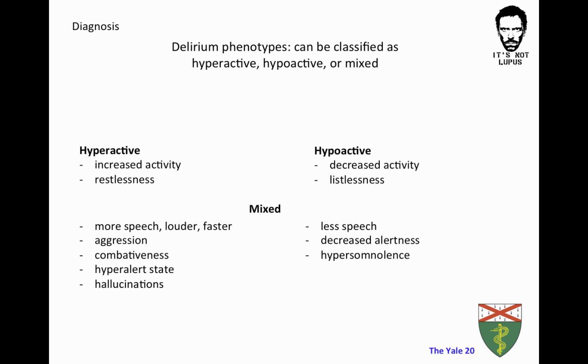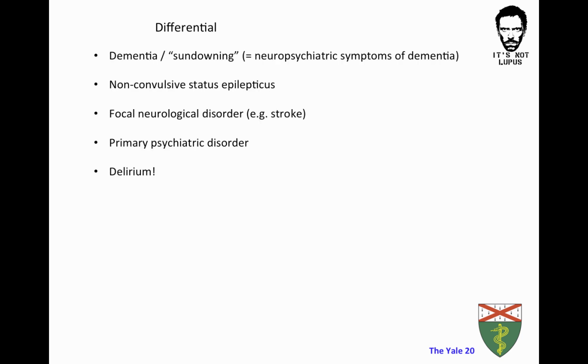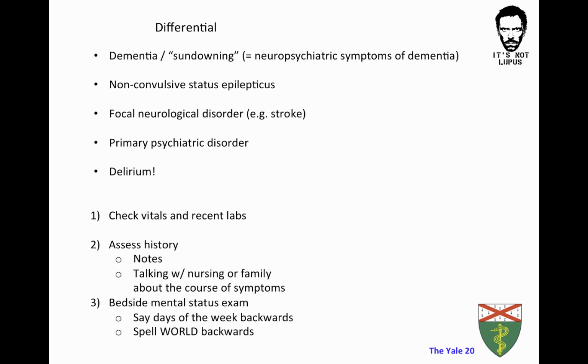Knowing this, how do you actually assess the patient? The differential here is actually fairly short, because we first need to decide whether or not we are dealing with delirium. If so, the real differential is to find out what is the underlying cause. You have to distinguish delirium from dementia, sundowning, which is essentially neuropsychiatric symptoms of dementia, non-convulsive status epilepticus, a focal neurological disorder like stroke, a primary psychiatric disorder, or of course, delirium.